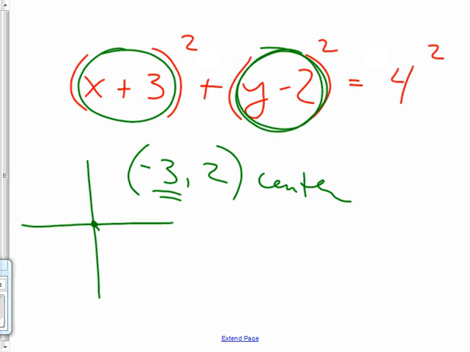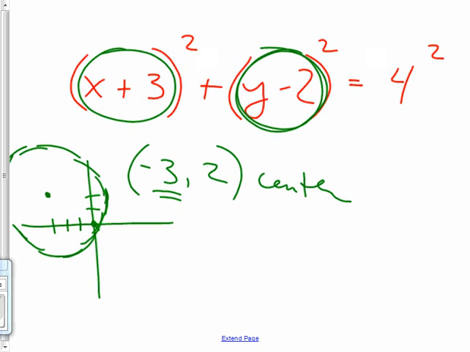But since it's on the inside, and it's the opposite of normal, it's actually up 2. So if I go 3 to the left, and then up 2, right there, that's the center of my circle. And my radius would be 4. So I know 4 would be like over here if I'm going to start around this like that. So basically my circle would look like that.